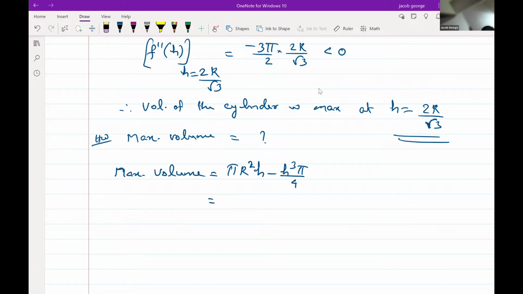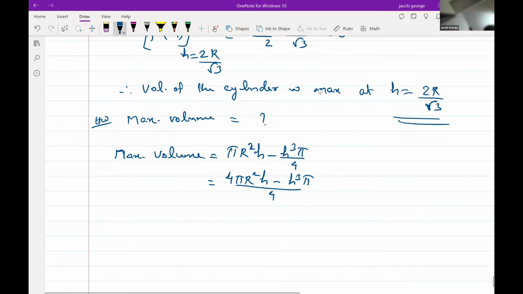So when I take h outside, it will be 4 pi r square h. I took the common factor in this step. Okay, so then pi h we can take outside. Pi h into 4r square minus h square by 4.